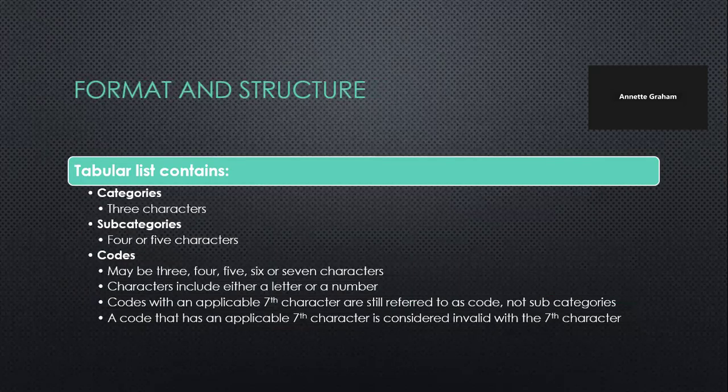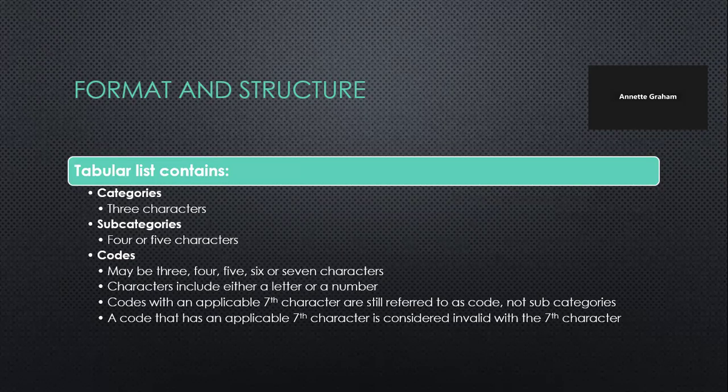Format and structure. Okay, so now we're going to get into what the tabular list contains. We have categories, which are our 3-character primary codes. Typically, that is going to be alphanumeric, so you are going to have a letter followed by 2 numbers. You have subcategories, which are 4 or 5 characters.